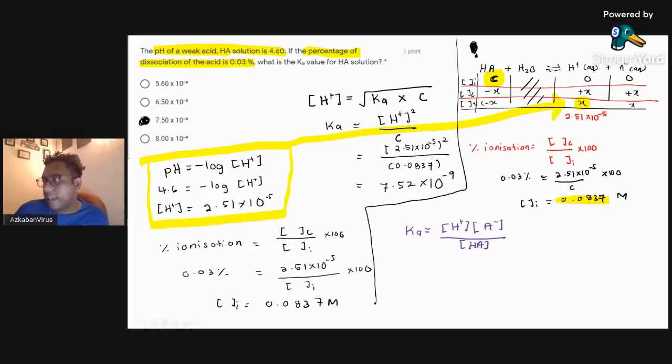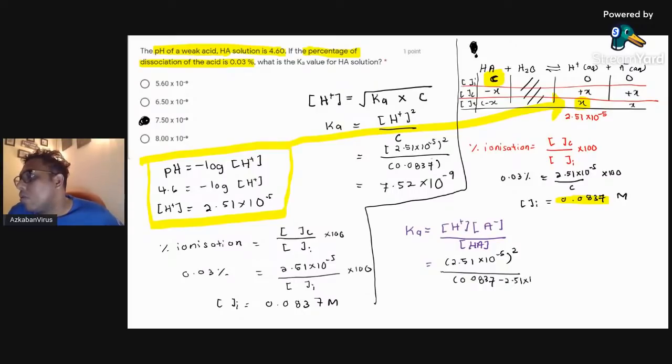HA adalah C minus X. So dia masuklah kat sini nilai yang dia dapat tadi. Ini adalah 2.51 darab 10 kuasa negatif 5 darab dua benda yang sama dua kali. So kita squarekan dia bahagi dengan HA. Remember, dekat sini kita boleh assume C minus X. So ni kita letaklah 0.0837. Kalau nak letaklah tolak 2.51 darab 10 kuasa negatif 5. Sebab dia tidak ada kesan. Dan dia akan dapat jawapan adalah 7.52 times 10 to the power of negative 9.